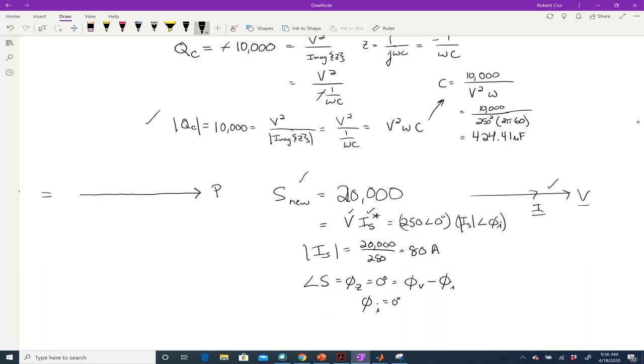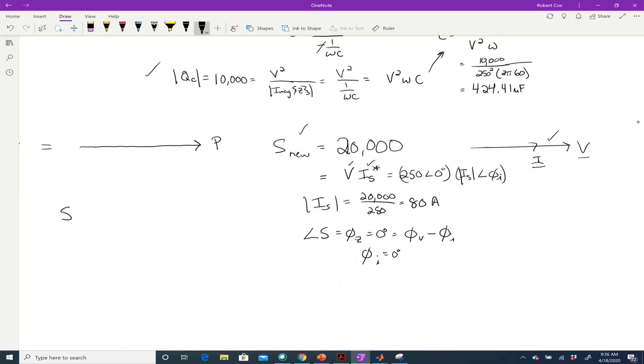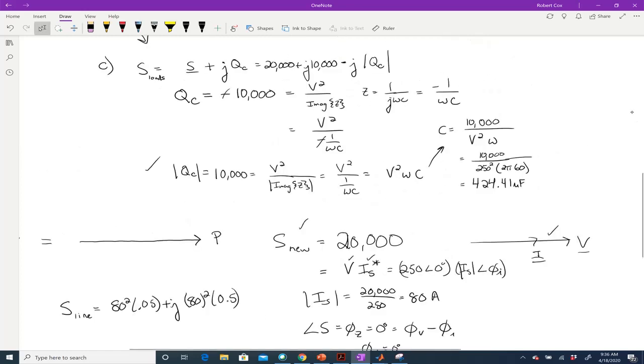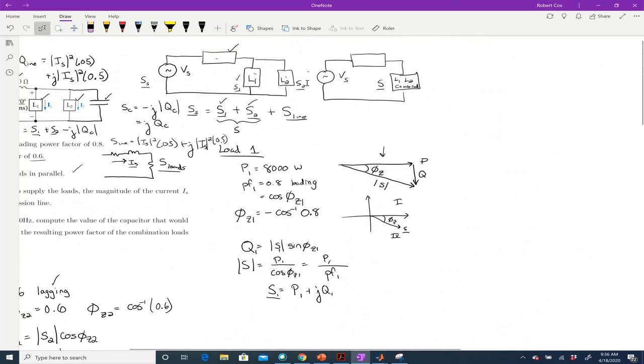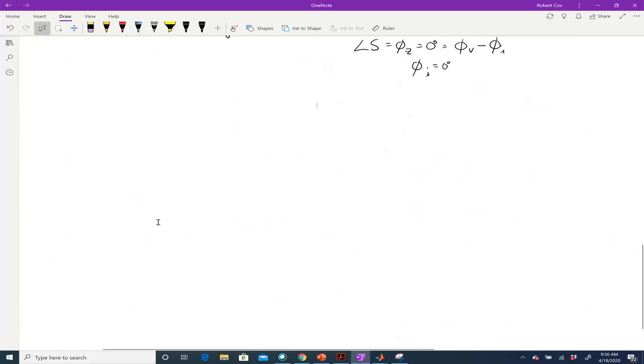All right, so I've got my current phasor. Then I need to figure out S line, which is equal to 80 squared times 0.05, which is the resistance, plus j times 80 squared times 0.5, which is the imaginary part of the impedance here, right?